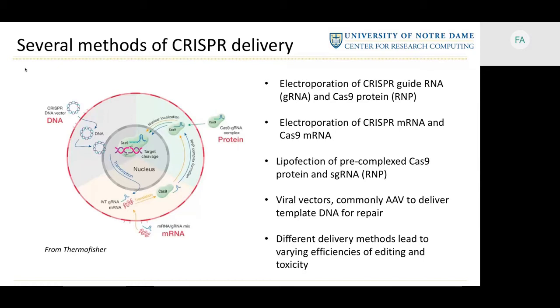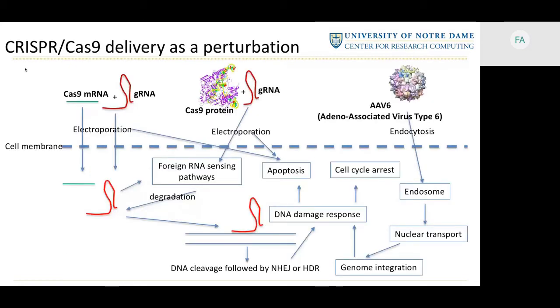There are other means of delivering these components, and the problem is that depending on what delivery method you pick, you might get different efficiencies of genome editing, and also there might be toxicities associated with each of these delivery methods. So if we look in a little bit more detail at how cells might get perturbed by genome editing technologies and how you deliver the genome editing components.